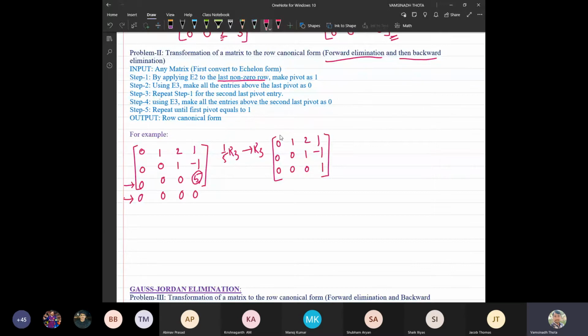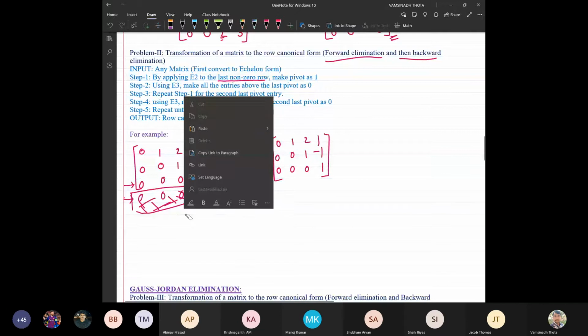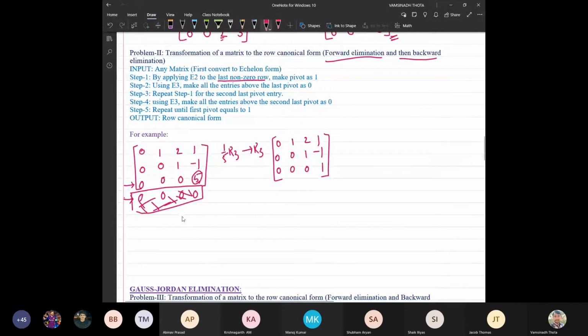Here actually the 0, 0, 0 row is not there; this is just taken to explain only.